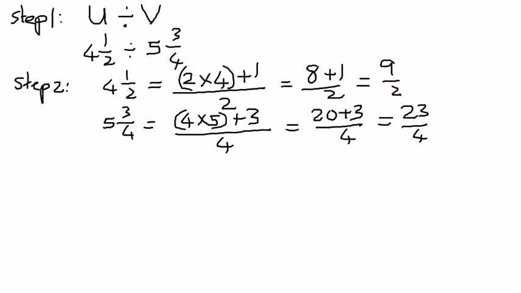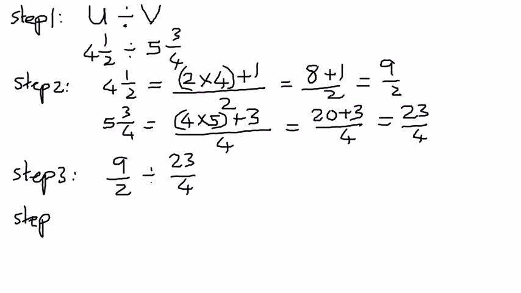Now, as the next step, step number 3, we're going to write 9 over 2 divided by 23 over 4. Now we are ready to perform the operation, and as the next step, we write the first fraction as is.